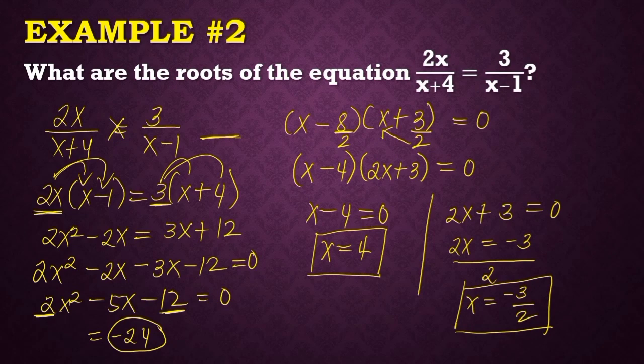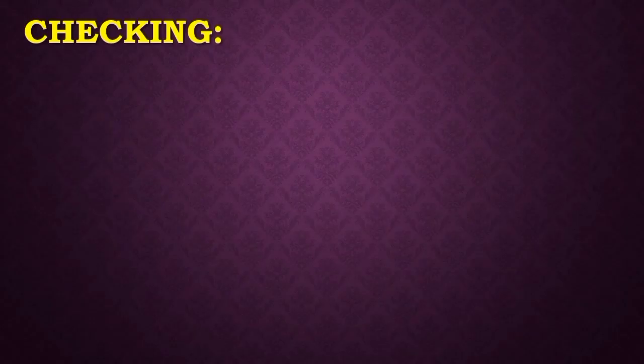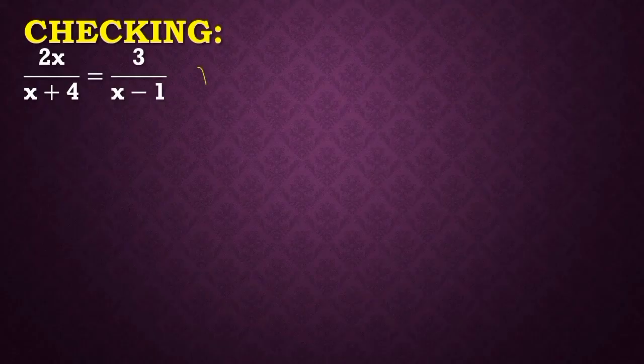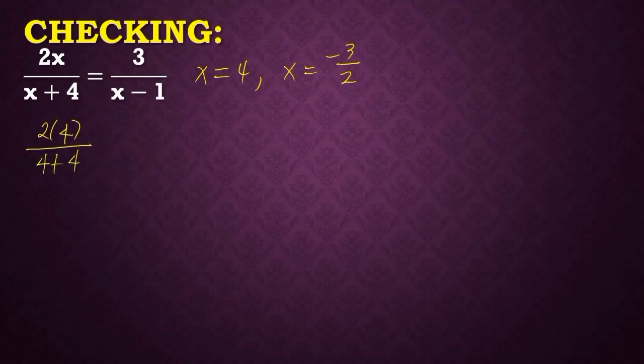Pero kailangan muna natin siyang i-check sa original equation kung magkakaroon ba ng extraneous solution. So, let's check. So, x is equal to 4, tsaka x is equal to negative 3 over 2. So, yung x equals 4 muna, 2 times 4 over 4 plus 4 equals 3 all over 4 minus 1.